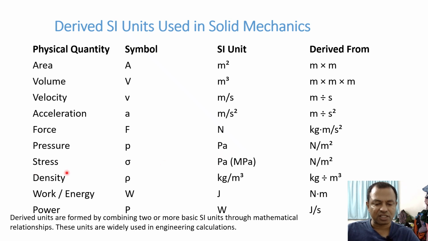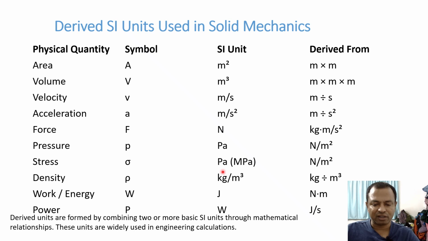And stress. Many types of stresses are there. Commonly we say stress as normal stress. Its symbol is sigma. And stress also has the same unit as pressure, that is Newton per meter square.